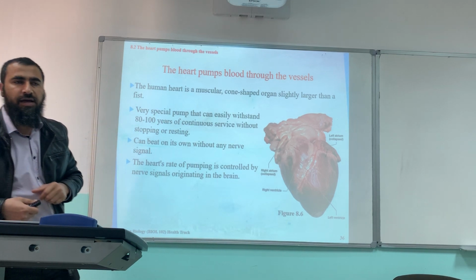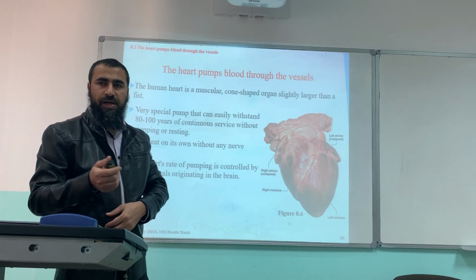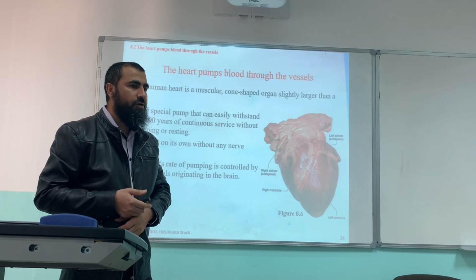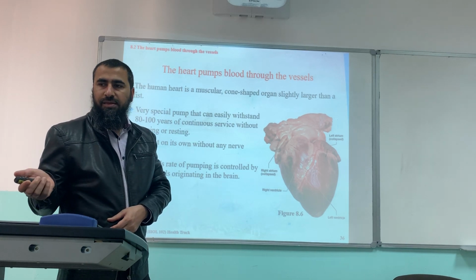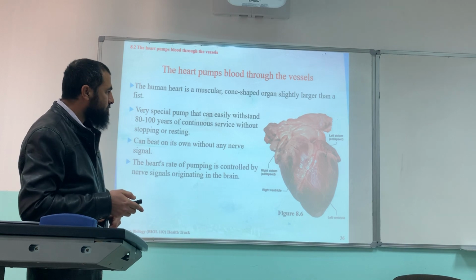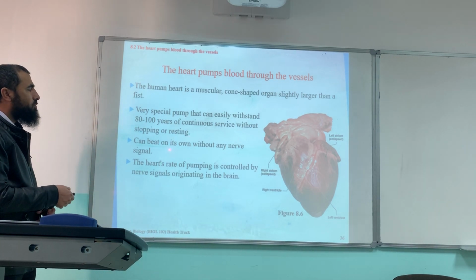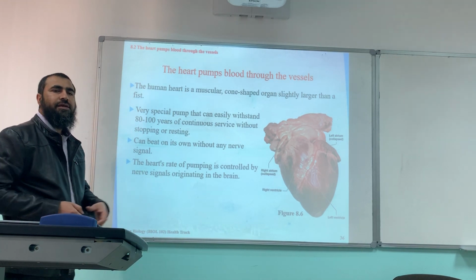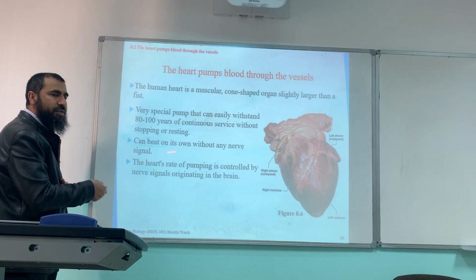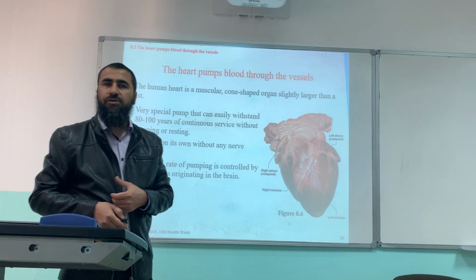What type of muscle does the heart have? Cardiac muscle. It's the only place where you find cardiac muscle. It's different to the other muscles. And the other remarkable thing is that it has its own nerve signal. It generates its own nerve signal to run.